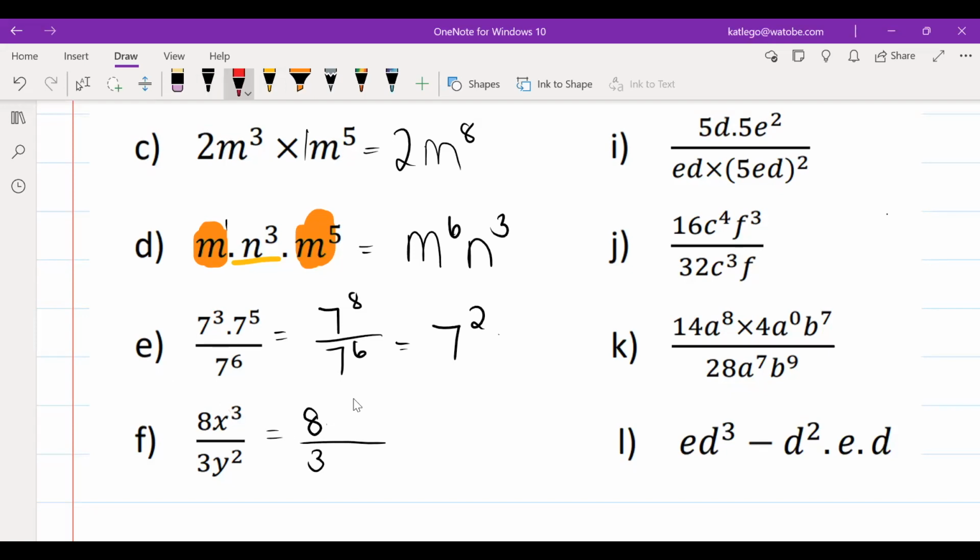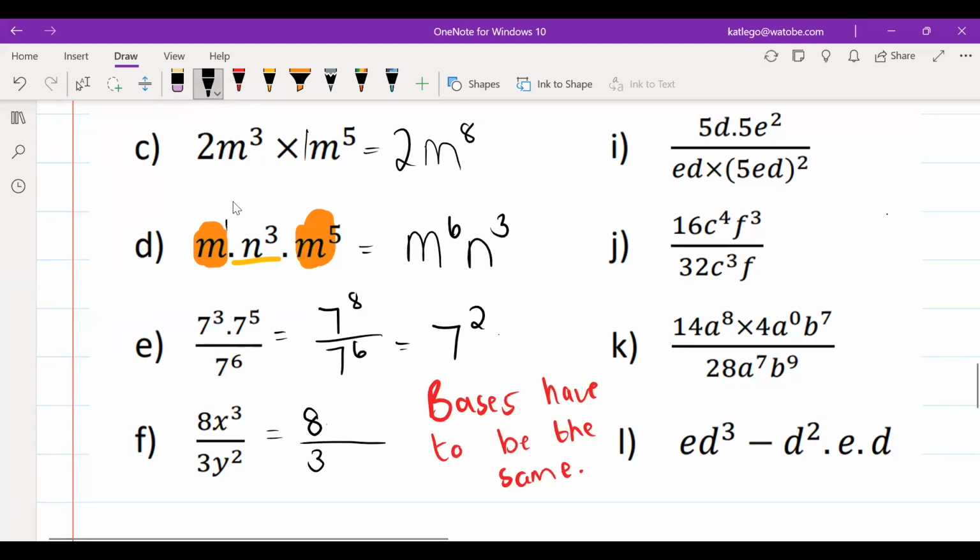Are my bases the same in F? No. So can we simplify this expression? If my bases are not the same, then there's nothing we can do about it. So your answer is literally the same as your question.